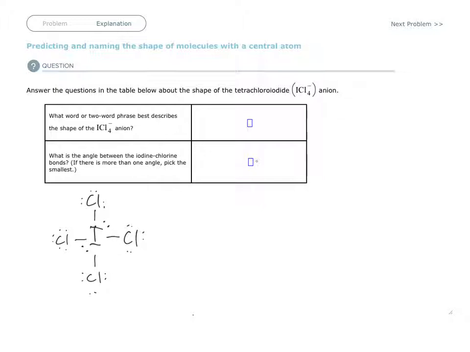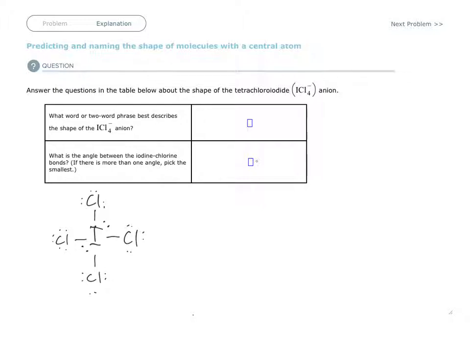All right, so I need something based on a 6. If I remember back to a 6, that's going to be an octahedral arrangement.